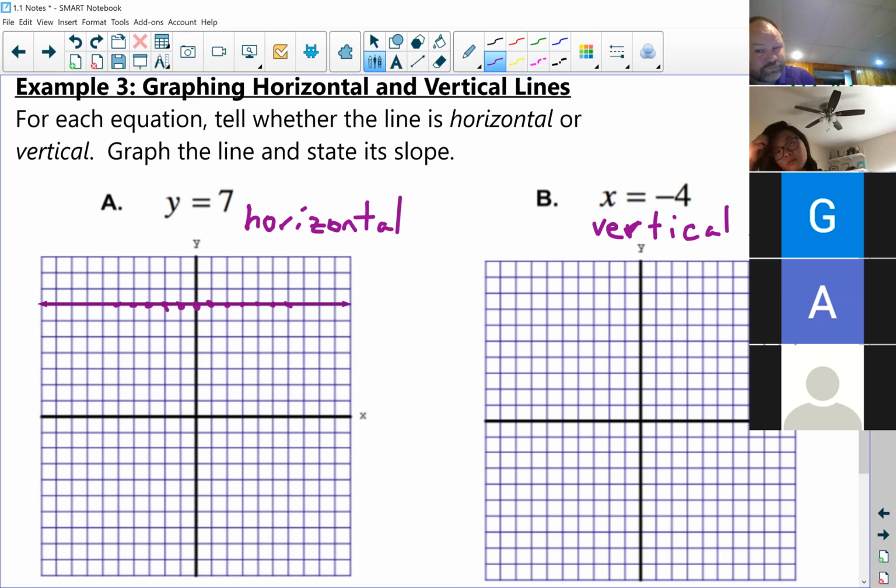So we want to graph all the points that have -4 as an x coordinate. That would be all of these points and many more.